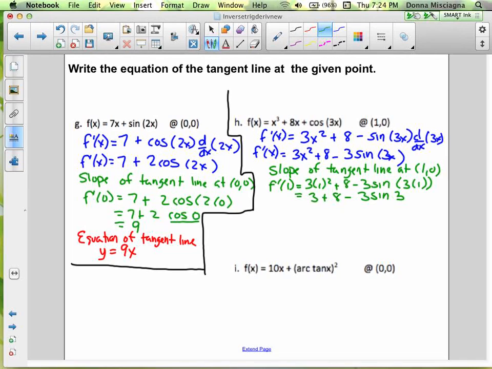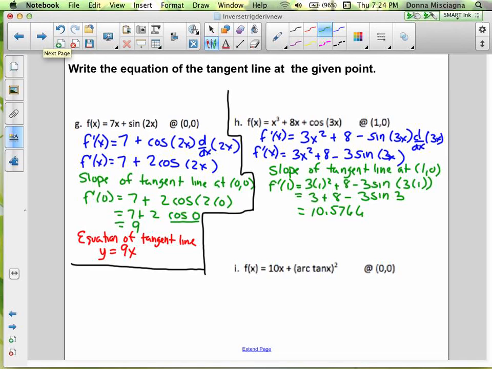I get this, and we'll take it to 4 decimal places: 10.5766. That would have been nicer if they made it 0, 1. All right, so that's our slope.